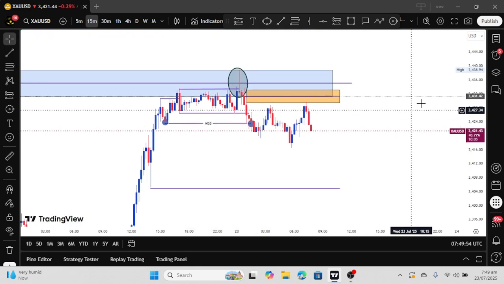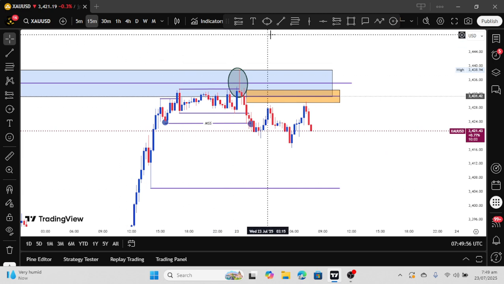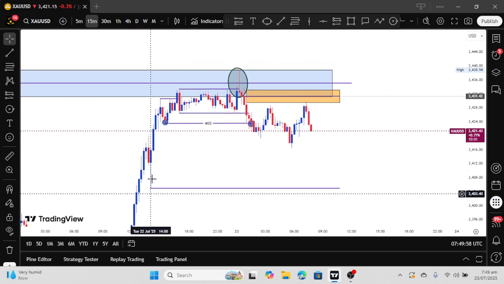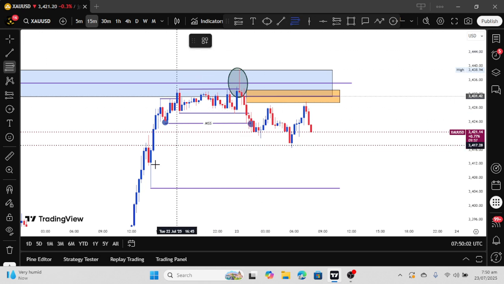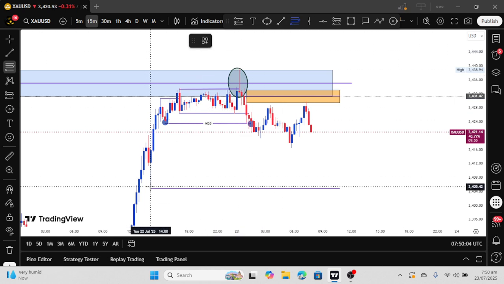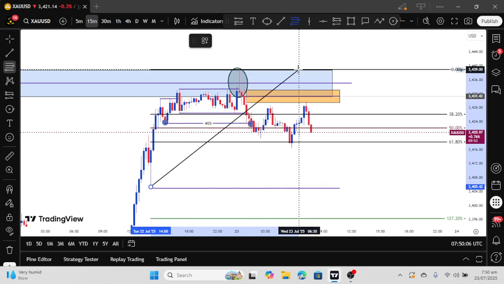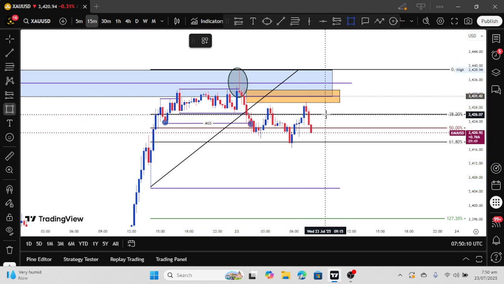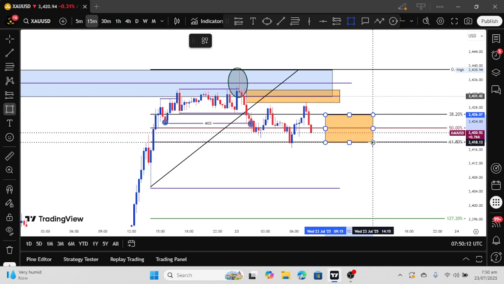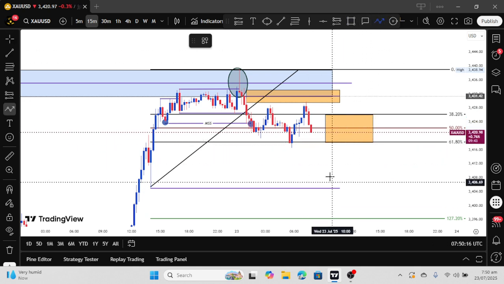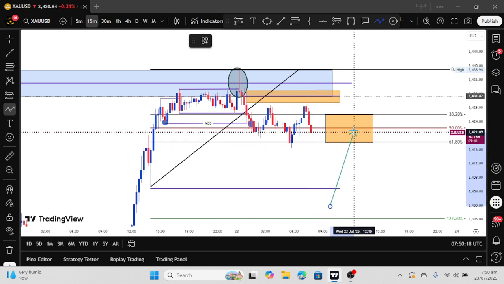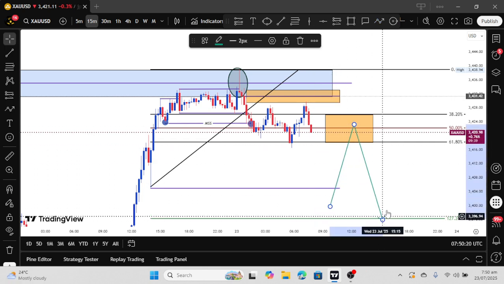Then once the market taps in here, maybe we have more room to sell.